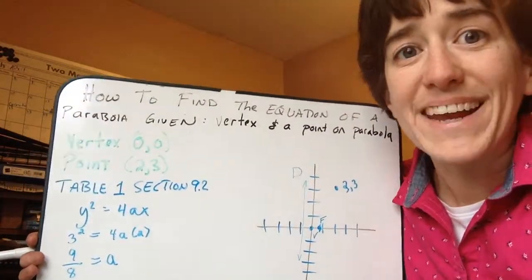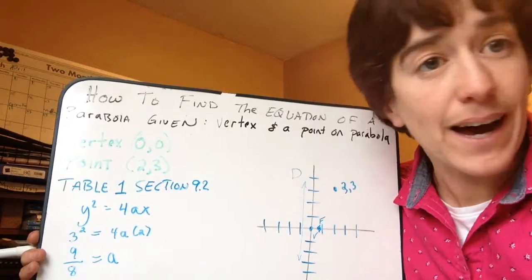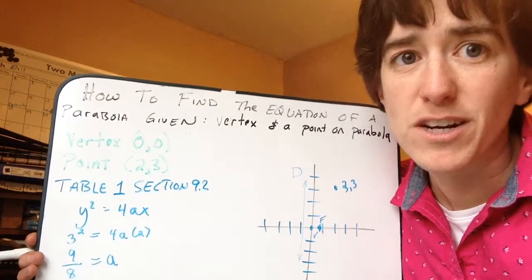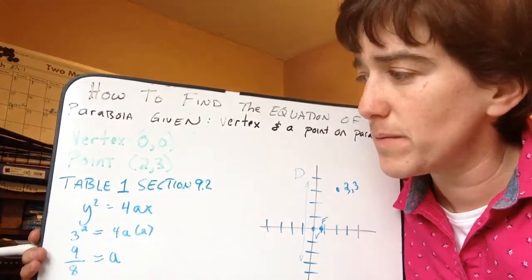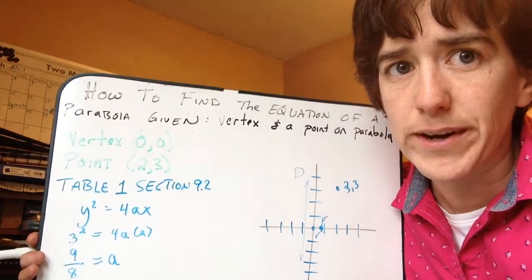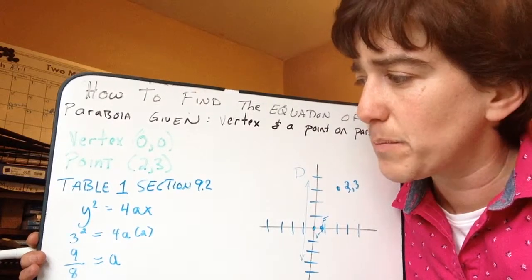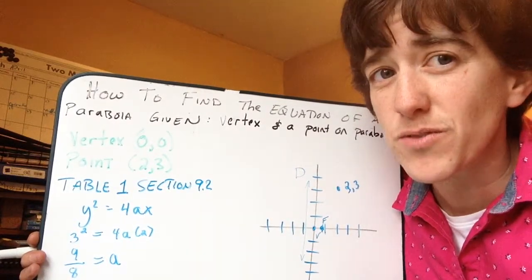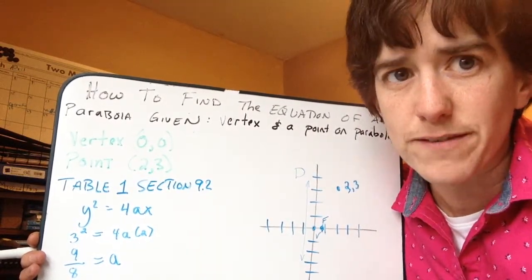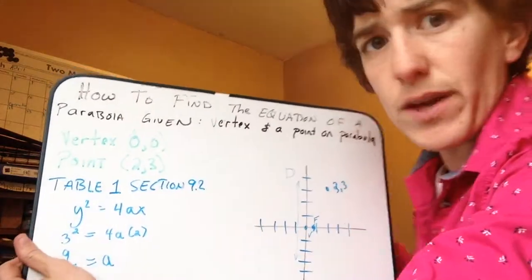Now that I have my a, I can find the equation of my function. What I mean by that is I can go back to my base equation, which is y squared equals 4ax, and in place of a, I can now substitute the value that I just found in my first step. So let's do that right here.